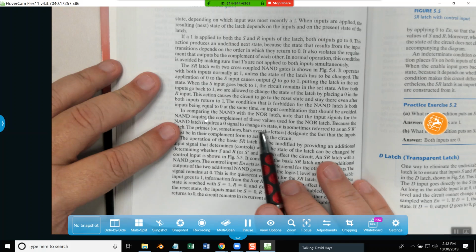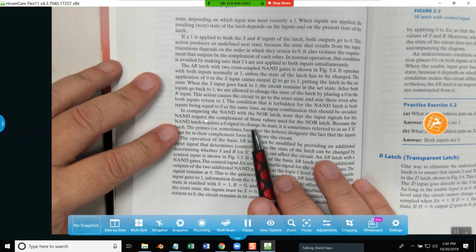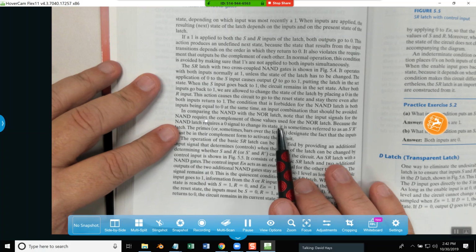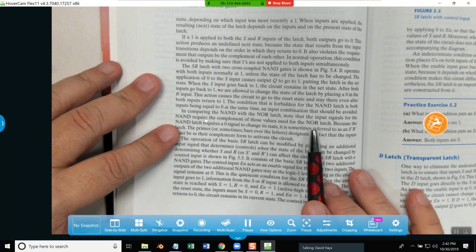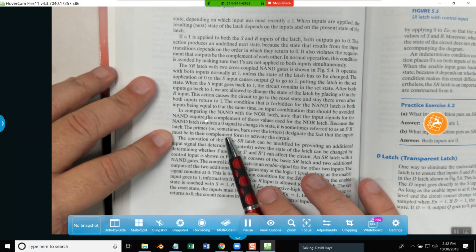Operation of the basic SR latch can be modified by providing an additional input signal that controls when the state of the latch can be changed by determining whether S and R or S prime and R prime can affect the circuit. An SR latch with a control input is shown in figure 5.5.